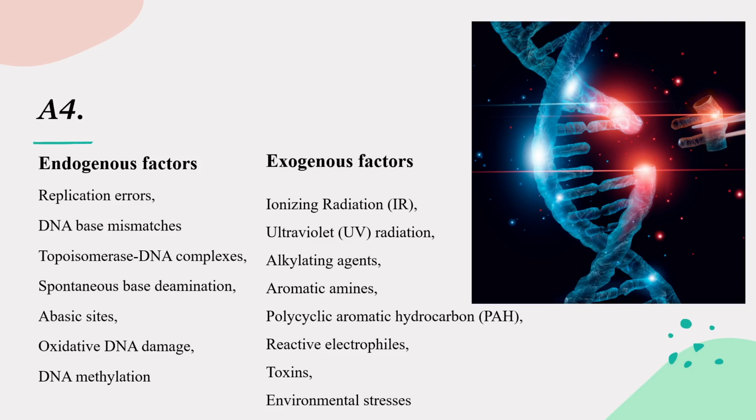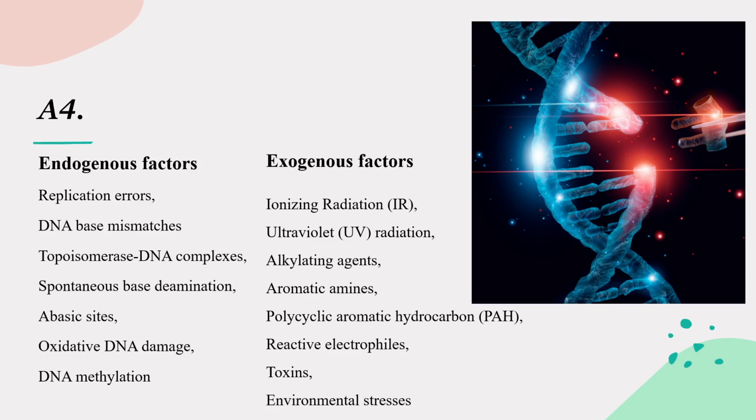It may be DNA base mismatches, like G pairing up with T or A, or topoisomerase DNA complexes. If the topoisomerase is not able to open up the double helical structure, and sometimes it is a strong complex, that might lead to some DNA damage.